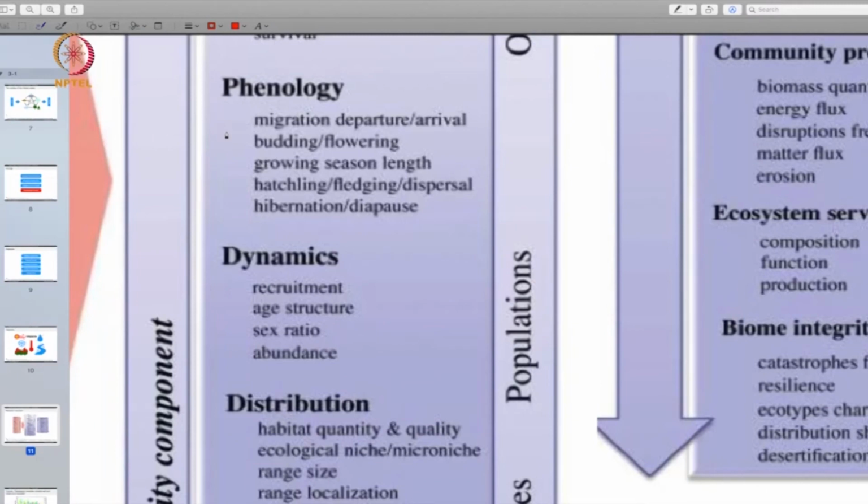So there are changes in migration patterns. Because of changes in temperature, we are seeing changes in budding and flowering of different organisms, different plants. Now, if there are changes in the budding or flowering period, if there are changes in migration, then it is also possible that there will be certain species will not be getting sufficient food.